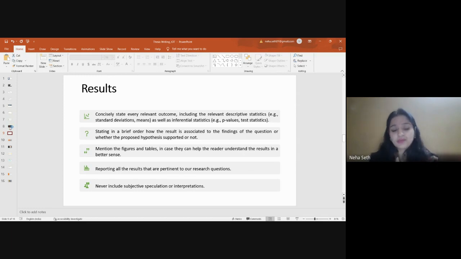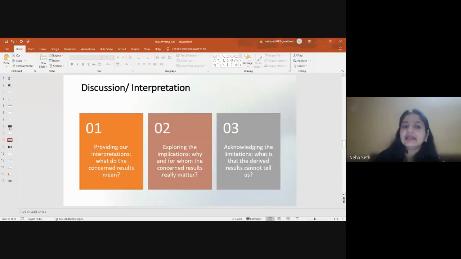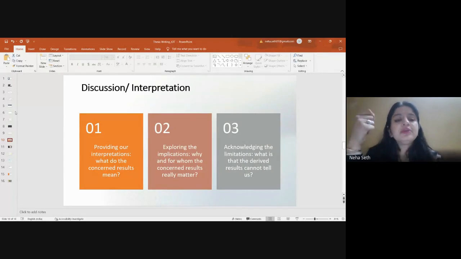We are just stating whether the hypothesis is accepted based on the p values that we get from the analysis. But the meaning of accepting or rejecting the hypothesis, the clear-cut interpretation, should be given in the next chapter, which will be your discussion or interpretation chapter.